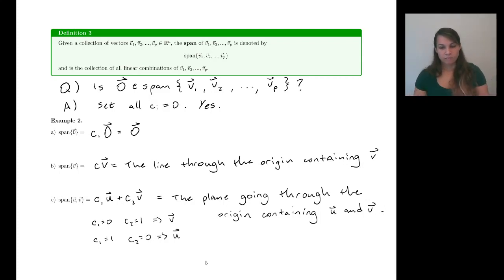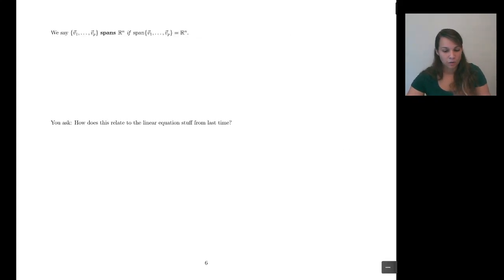So if we move even bigger than that, maybe we could span the entire set, like the entire space. You could fill up the cube that we just looked at. And yeah, if you have the right vectors, we could say that V1 through VP spans Rn if the span is equal to the entire space.